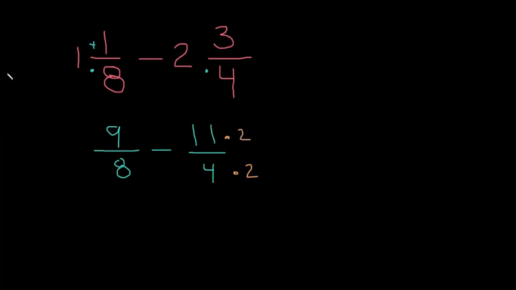So our new numbers are 9/8 minus 2 times 11 is 22. And our answer is going to be something over 8.